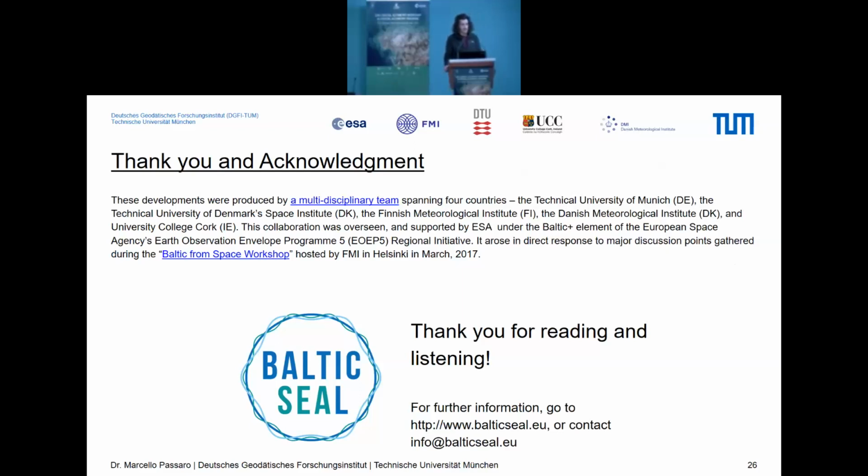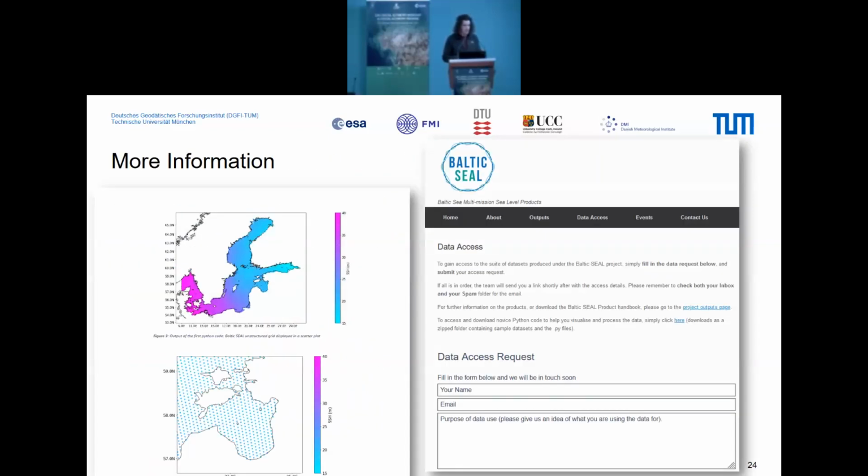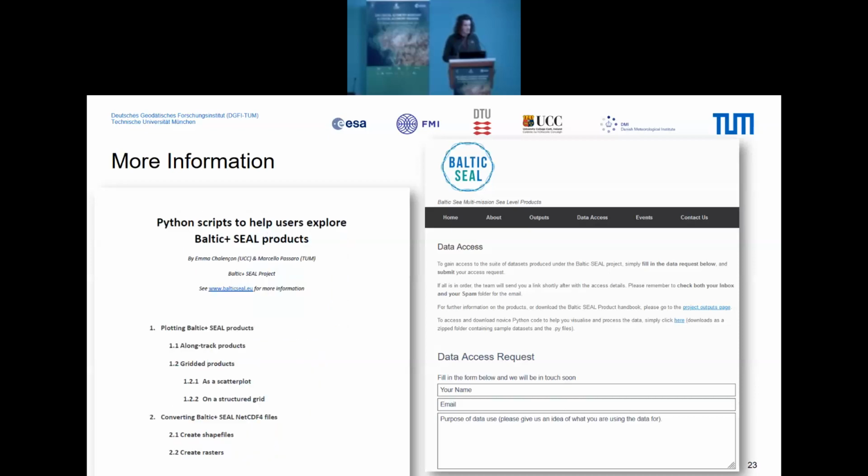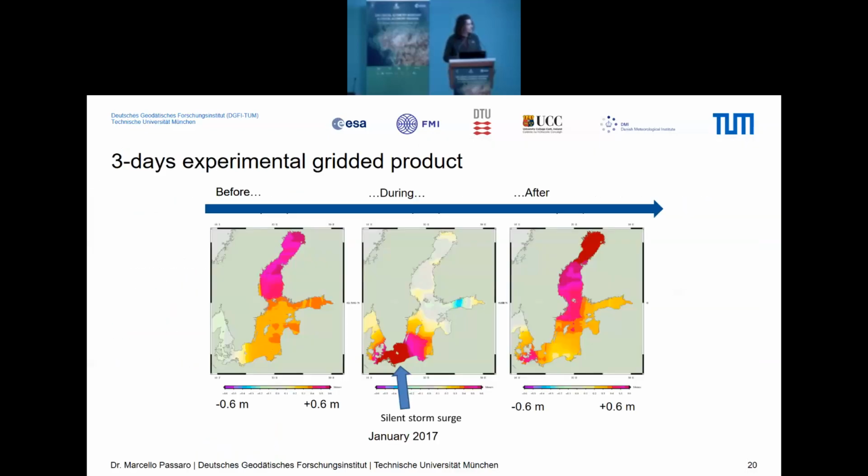During the storm event that you were looking at for your storm surge, did you see the oscillation signal in the tide gauges and at what frequency? And then I was also curious if there is wave data as well. So this analysis was done by some colleagues at DMI.